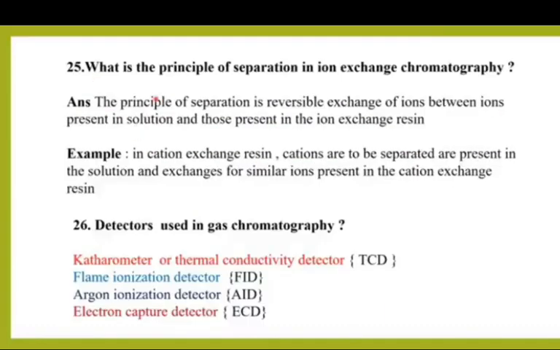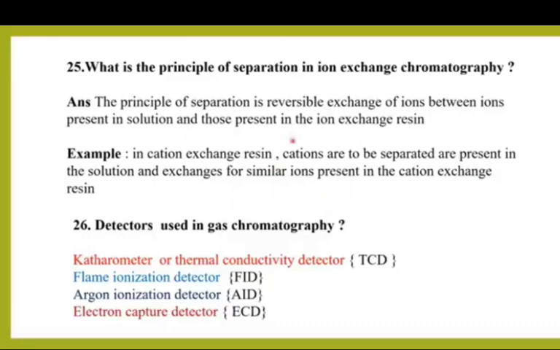So coming to the next question, what is the principle of separation in ion exchange chromatography? The principle of separation is reversible exchange of ions which are present in the solution and those present in the ion exchange resin. For example, in cation exchange resin, the cations which are to be separated are in the solution, and they exchange for similar ions which are present in the cation exchange resin.